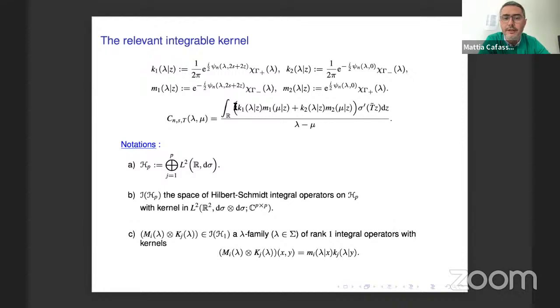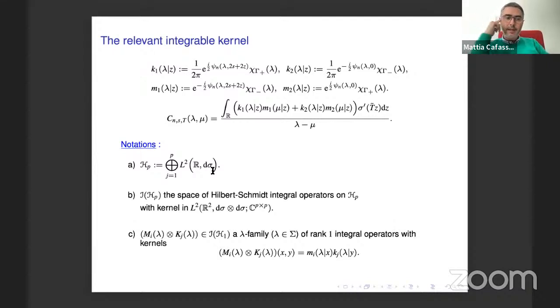And then we have this vector K1, the vectors K1, K2, and M1 and M2, okay? Which are vectors that depend on lambda. Lambda will be the variable in the Riemann-Hilbert problem, and z. z lives in this space H_p, which is just the p copies of L2 of R weighted with this Fermi factor d sigma.